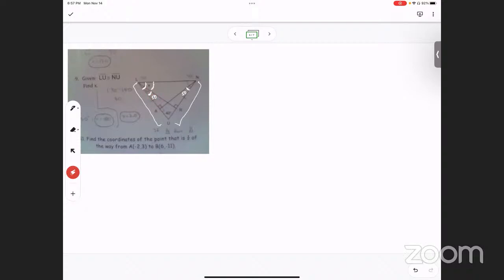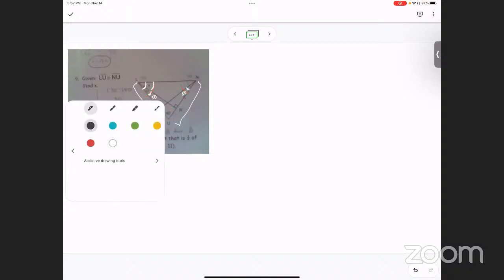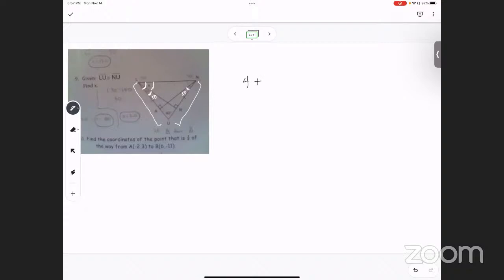Okay, and then if this is 40 and these two are equal to each other, then these big angles have to be equal to each other like we talked about. So 40 plus those two times what equals 180? Because the three angles have to all add up to 180.